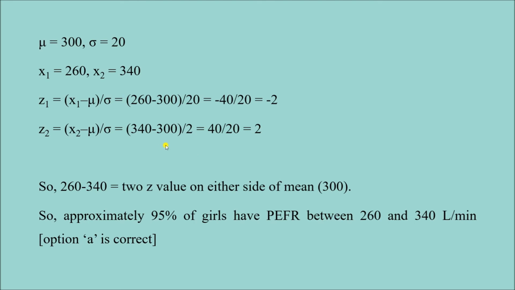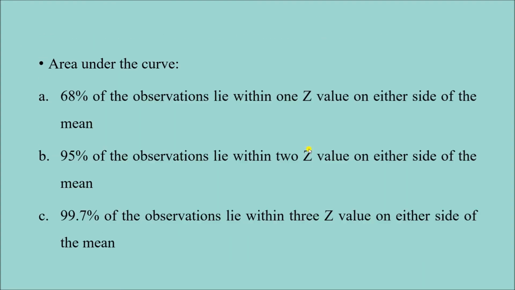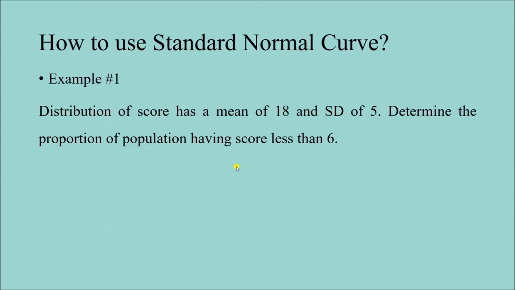So as you can see, 260 and 340 are basically 2 Z values on either side of the mean. And we learned earlier, let me show you, that 2 Z values on either side of the mean cover almost 95%, a little bit above 95% of observations.